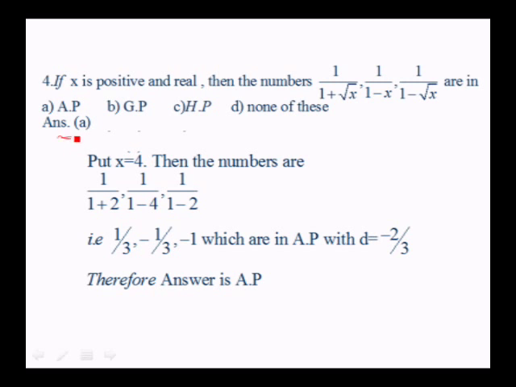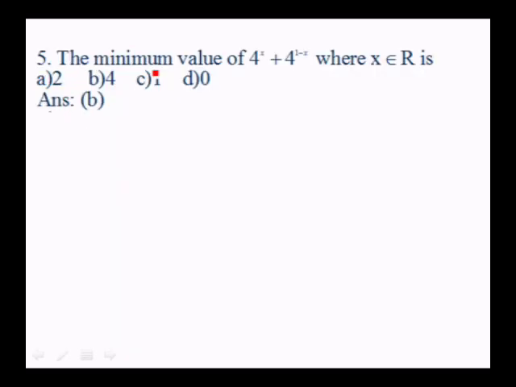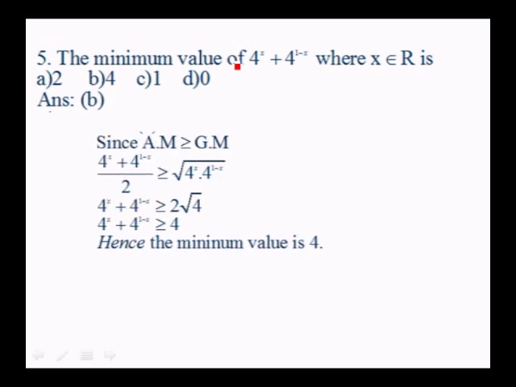So, the last question: the minimum value of 4 to the power of x plus 4 to the power of 1 minus x, where x belongs to R, is 2, 4, 1, 0. Here we use AM is greater than or equal to GM. So 4 to the power of x plus 4 to the power of 1 minus x by 2, that is the arithmetic mean of 4 to the power of x and 4 to the power of 1 minus x, is greater than or equal to the geometric mean, root of 4 to the power of x into 4 to the power of 1 minus x.